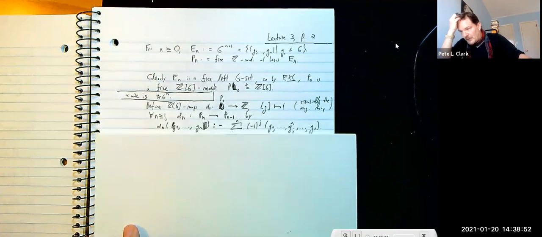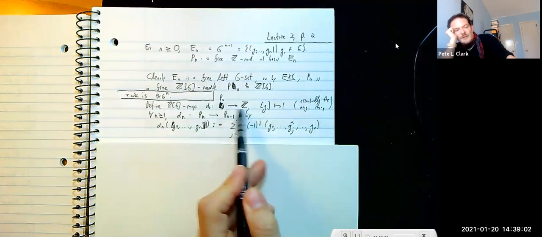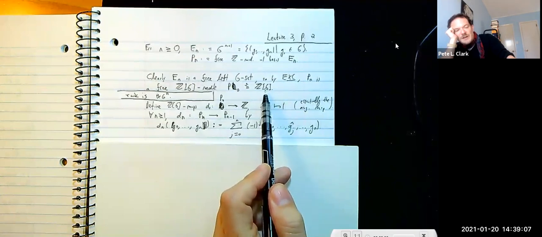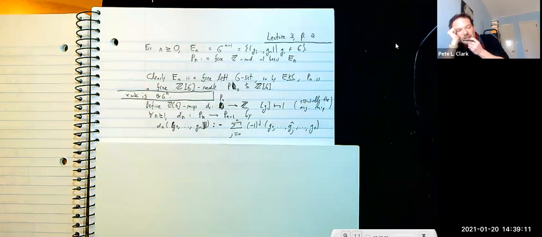Okay, so now I want to define a resolution between these guys. So D0 should be a map from P0 to Z. Again, P0 is a free ZG module of rank 1, so it's isomorphic to ZG. This really is essentially the augmentation map.